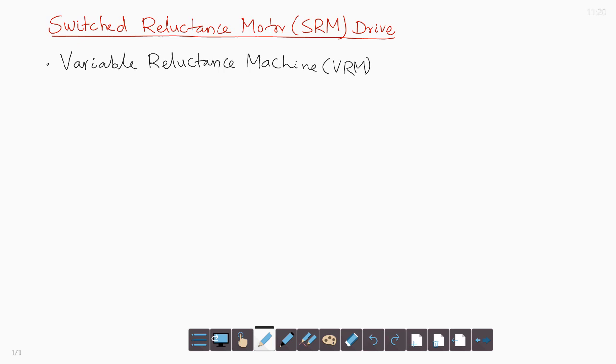So, classifications of types are like this. One is switch reluctance motor, SRM, it is a double saliency motor.